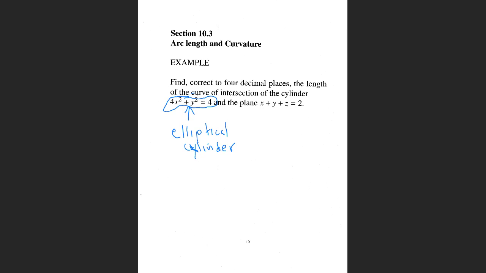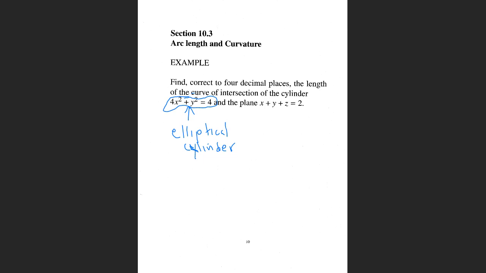What do you think? It goes up and down. Good, Ryan. Good, Christopher. There's no z. That's right, Christopher. It's an up and down elliptical cylinder.